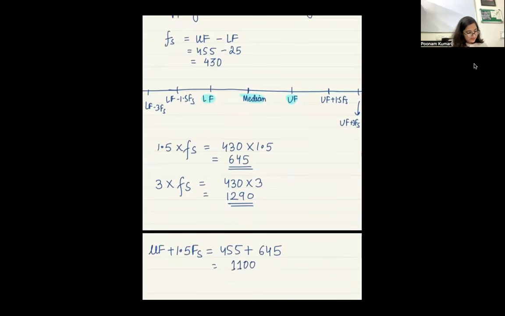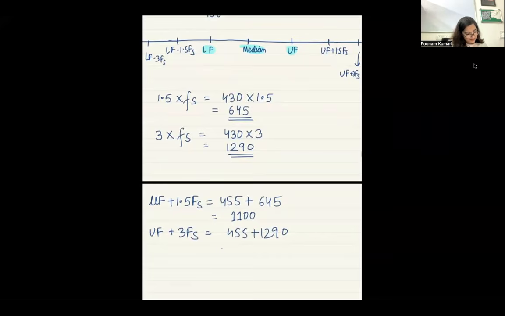And upper fourth plus 3 times Fs, that is going to be 455 plus 1290, which is 1745, right?